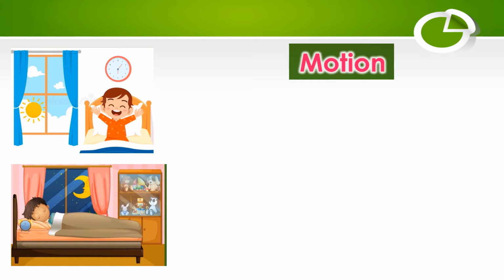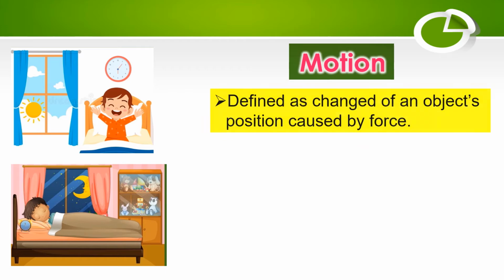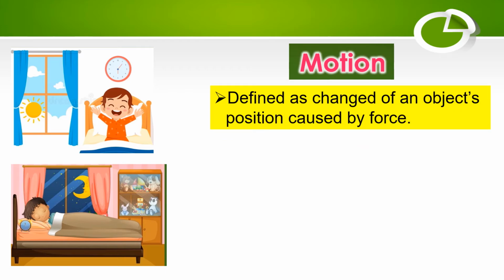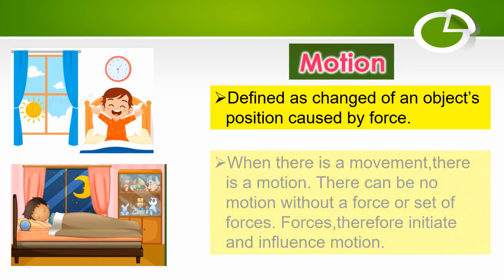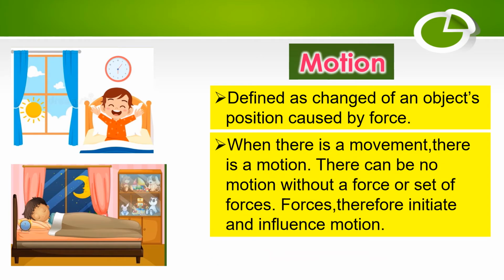We have to move in order to complete our daily tasks. Motion will always be a part of our daily life. So motion can be defined as change of an object's position caused by force. And when there is a movement, there is a motion. There can be no motion without a force or set of forces. Forces therefore initiate and influence motion.